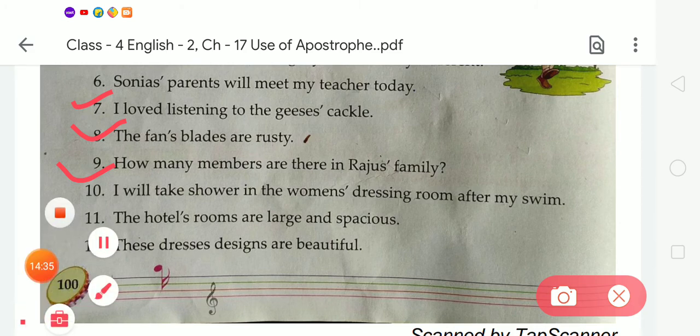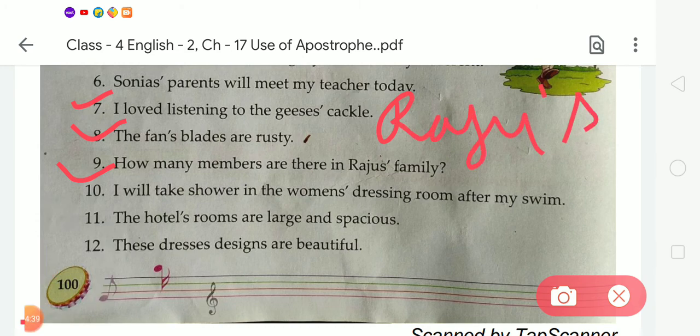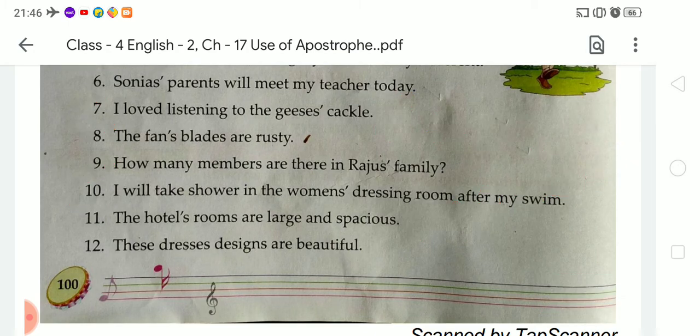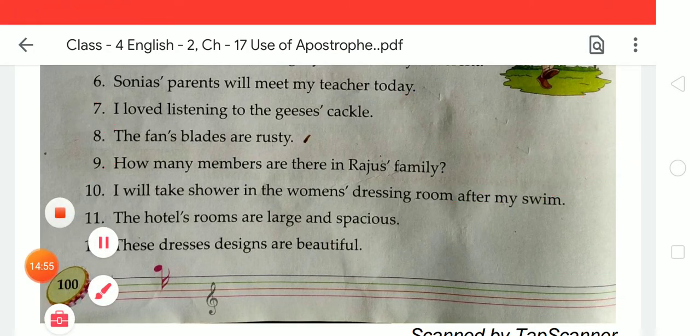So student, here we have to write Raju's by using the apostrophe. Next, number 10, I will take a shower in the women's dressing room after my swim. So we have to write women's like this, by using the apostrophe.